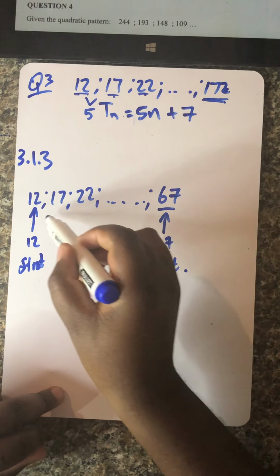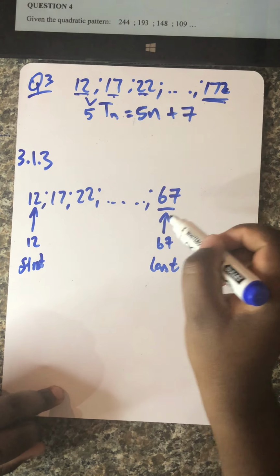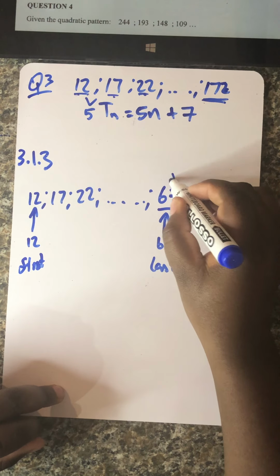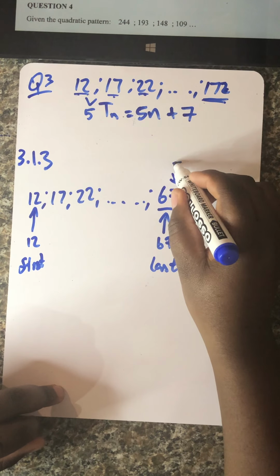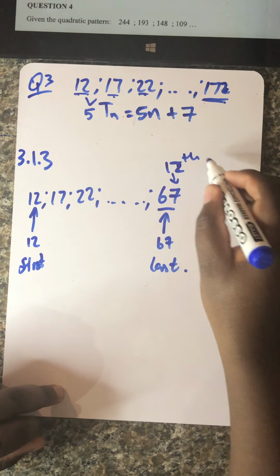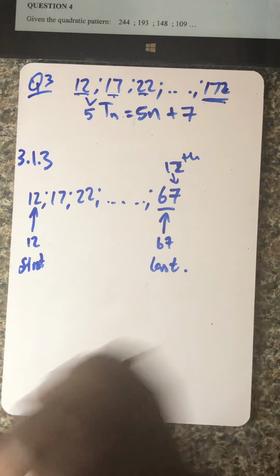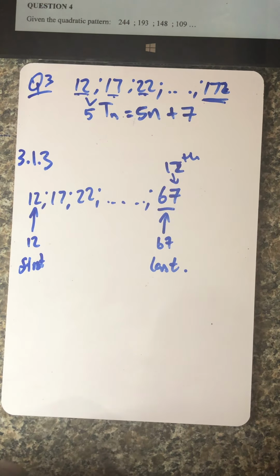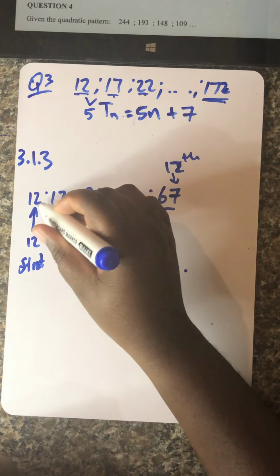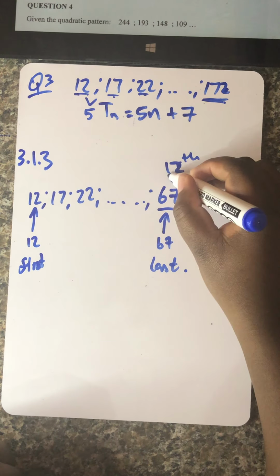So coming back to this pattern, guys, you know this is the 12th term. Do you still remember, guys? If you do remember, just give this video a like. From the previous question, we did that manually to see what the 12th term was.